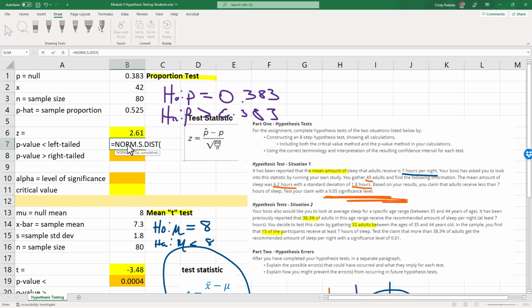So this would be my norm.s.dist. It wants my Z value, and yes, I want it to accumulate. So that's the p-value. And you're like, wow, that's a high p-value. Well, that's the less than. I want to match my alternative, which is 1 minus that value. My p-value is definitely less than my level of significance, which once again, I could find a critical value, but I got to be careful.